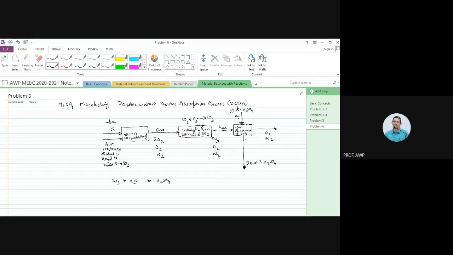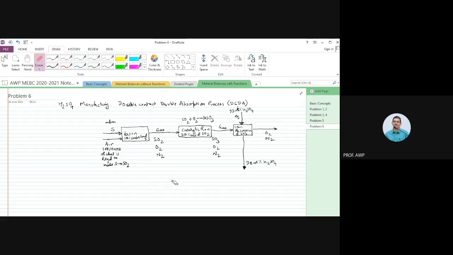Otherwise, if you have to sell your sulfuric acid, so much water will have to be transported from your plant to a plant where somebody is going to buy your sulfuric acid. Actually what is sold is oleum, which is an SO3 plus pure H2SO4 mixture, but for simplicity, we are taking it as 98% by weight H2SO4.